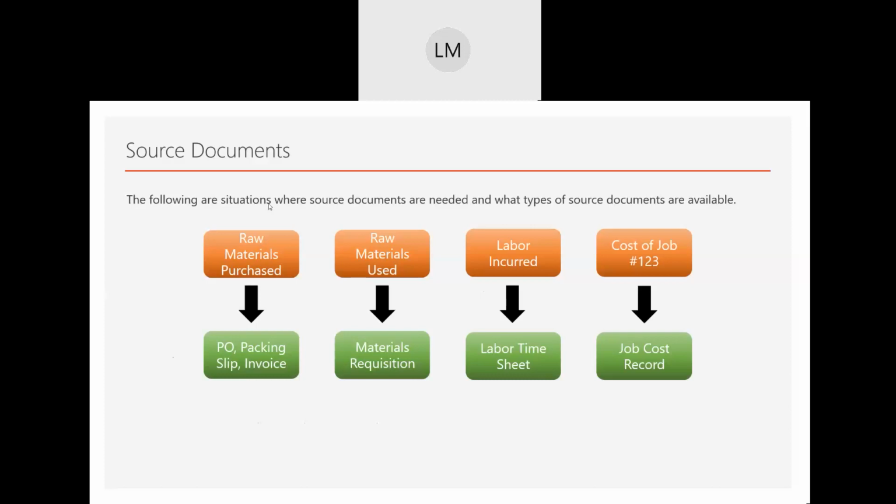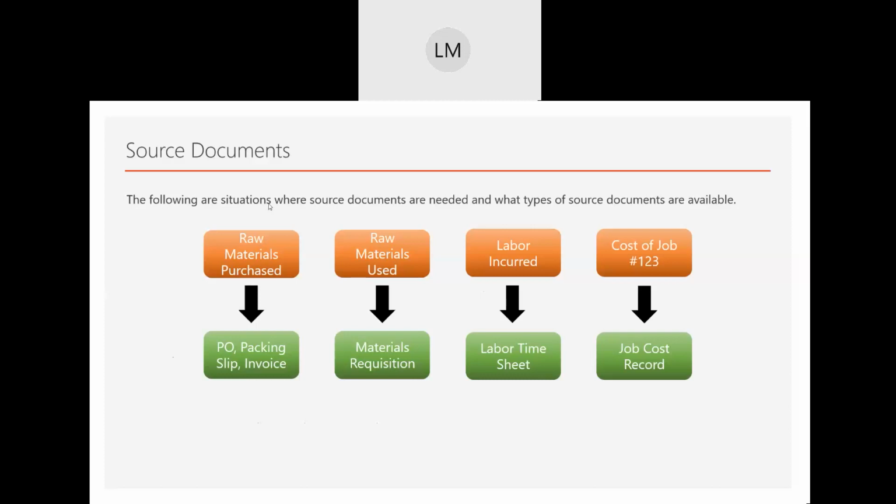Raw materials purchase. What would be some source documents to prove that we purchased raw materials? We would have a purchase order, maybe a packing slip, and an invoice. Putting those three together, we can prove that we not only placed the order, we received the order, and we also have the invoice so we have to pay it. What about raw materials used?